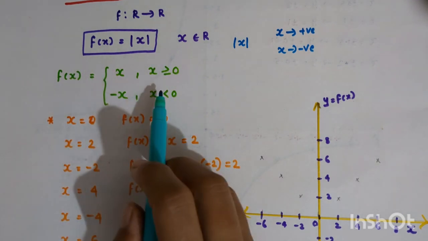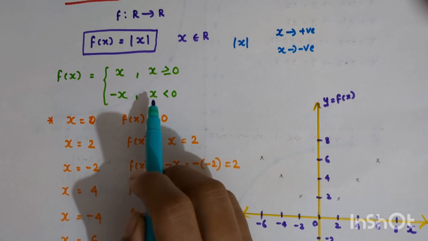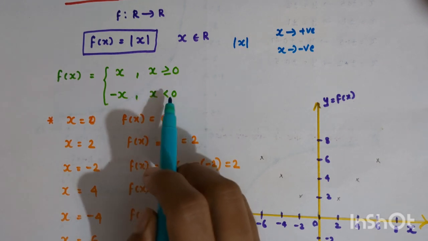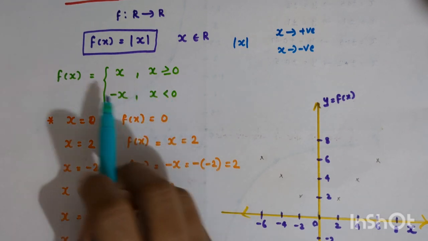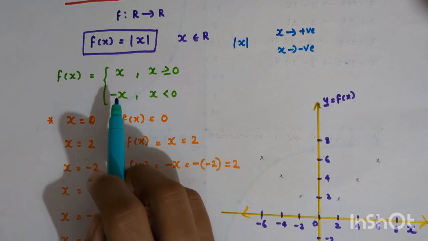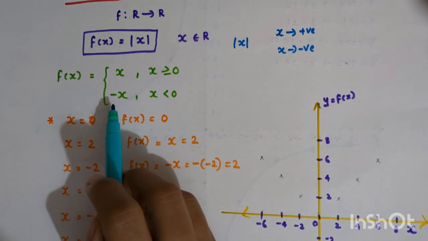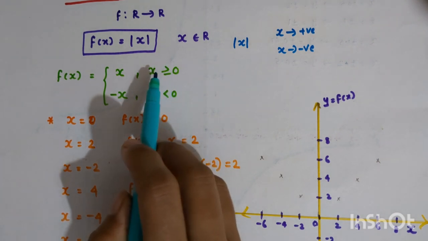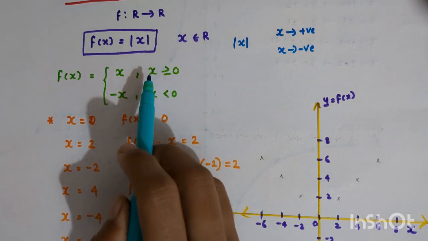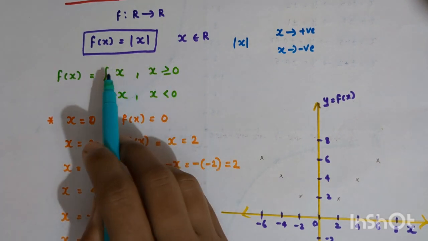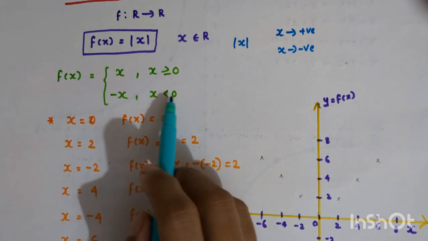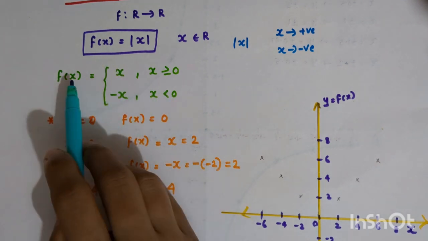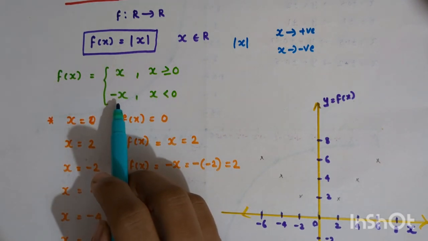And for negative values of x, that is, when x is less than 0, this function f of x is the negative of the value of x, that is, negative x. So for each non-negative value of x, f of x is equal to x. For each negative value of x, f of x is equal to minus x.